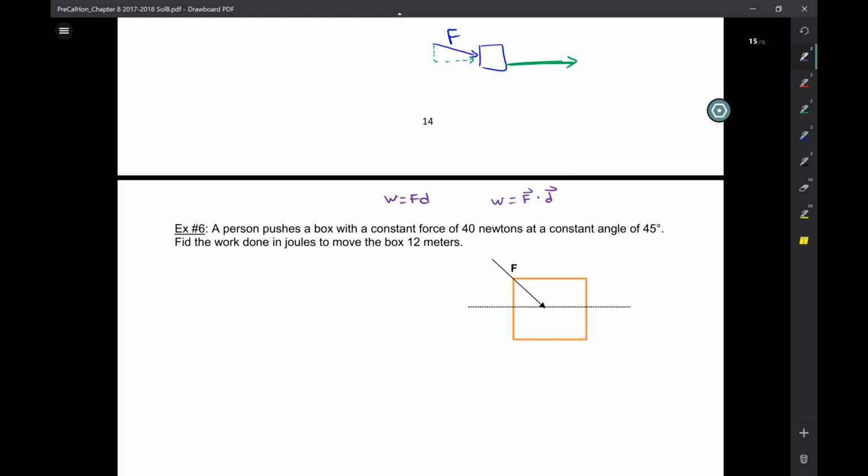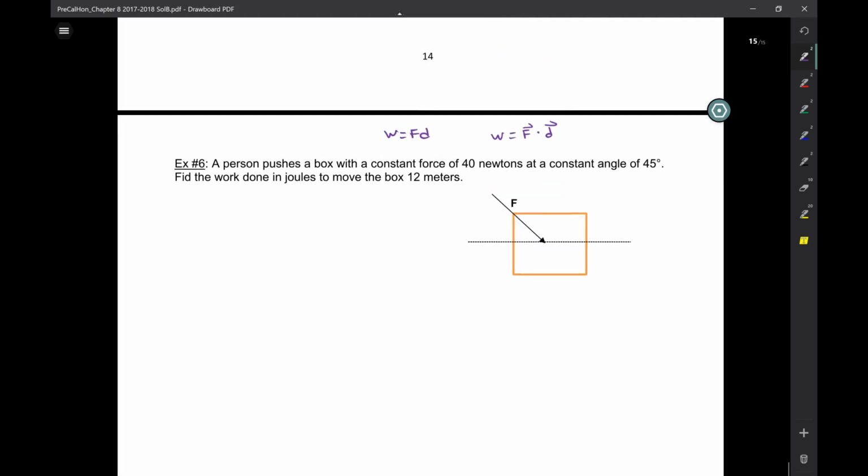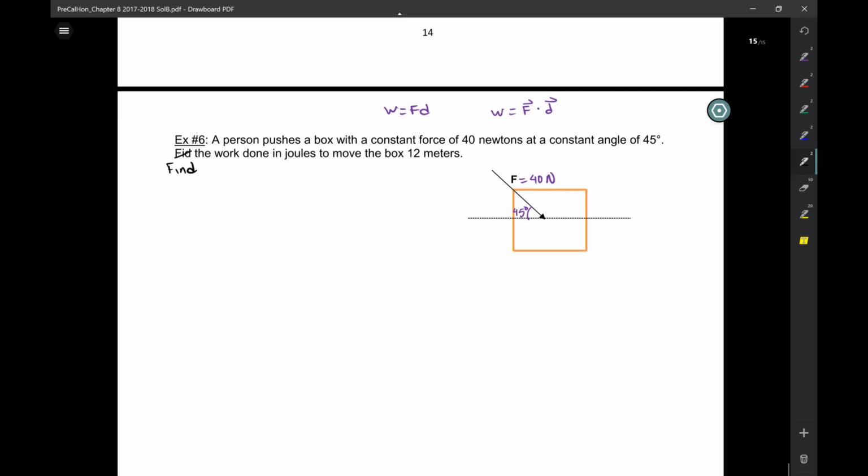All right. So here, a person pushes a box with a constant force of 40 newtons at a constant angle of 45 degrees. Find the work done in joules to move the box 12 meters. Well, here's what we're going to do.